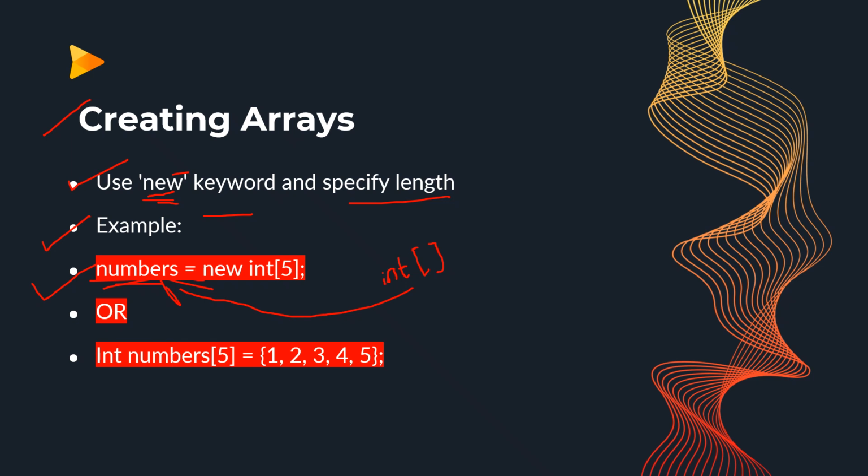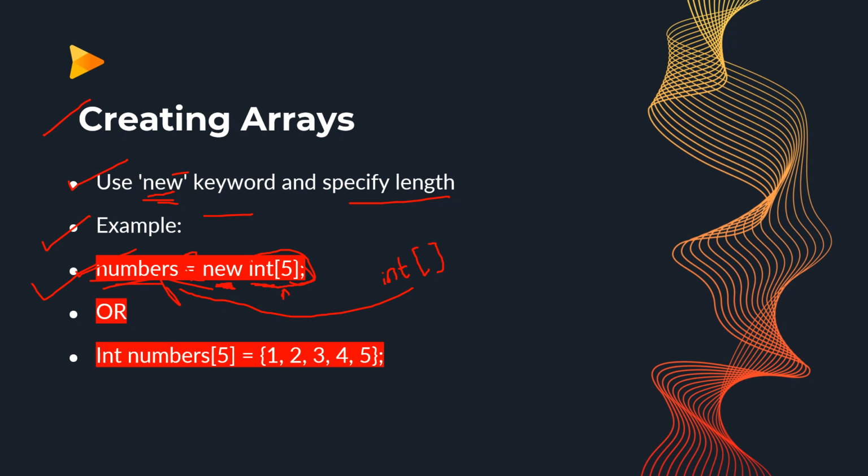After that we use the assignment operator to assign values to our array, and then the new keyword, which is used to create the array. We specify the length of our array by using int and giving the length as 5. So we are going to store 5 integer values in our array. We have to specify the length of the array in the beginning.